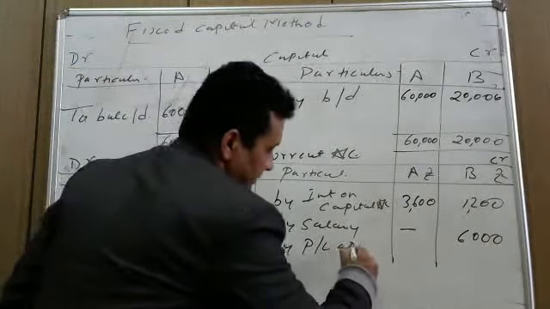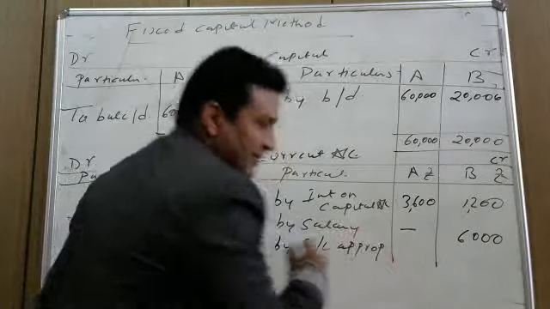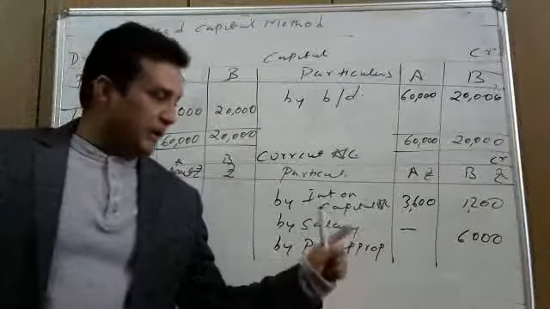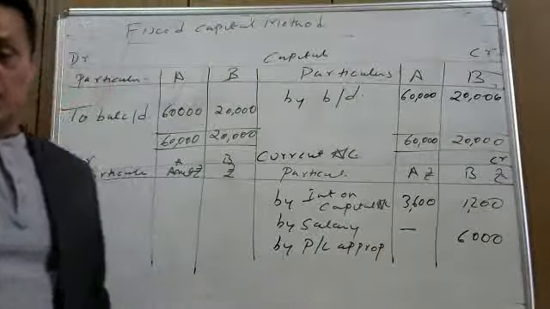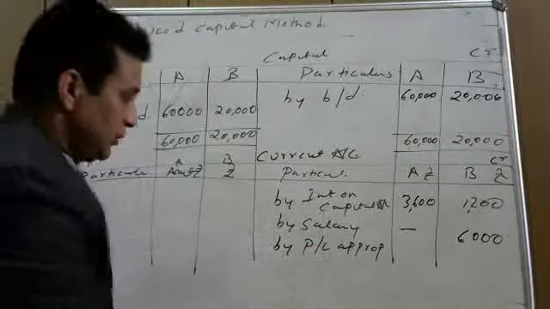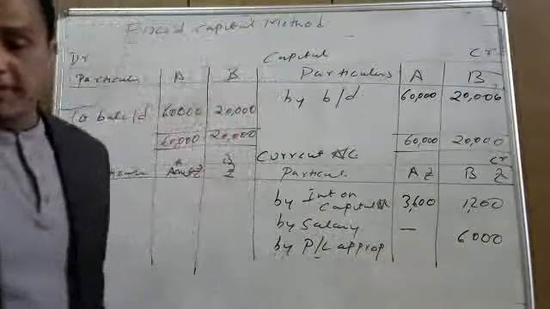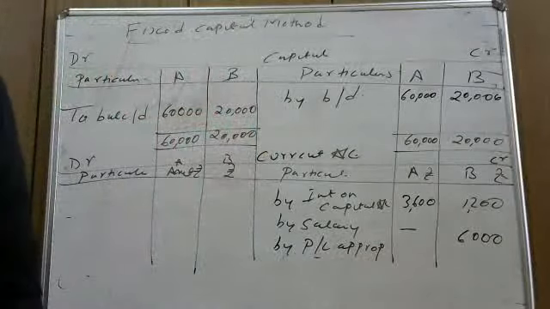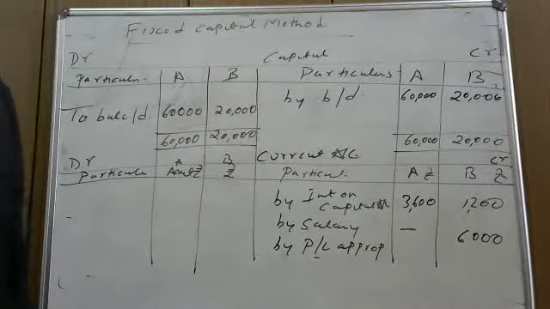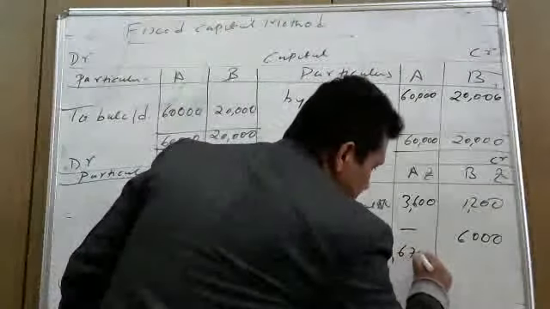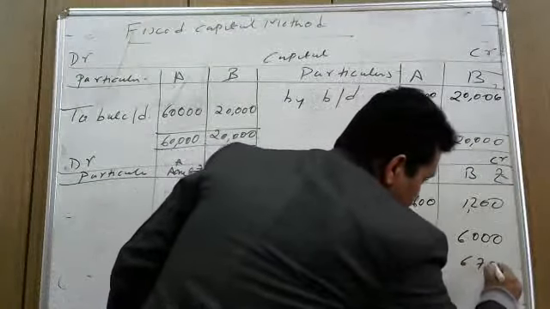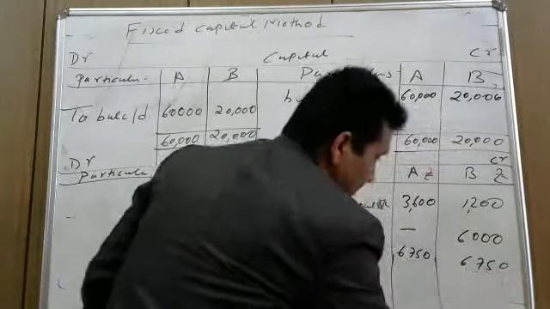By profit share, P&L appropriation account. How much profit are they getting? From the P&L appropriation account, we get the amount of profit distributed to each partner. So by profit transfer to A and B. What is the share of A's profit? I think it's 6,750 for both A and B.